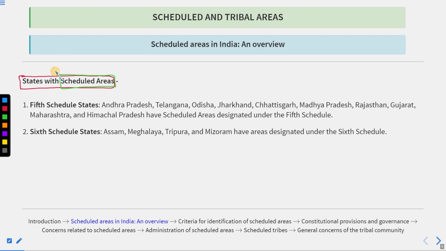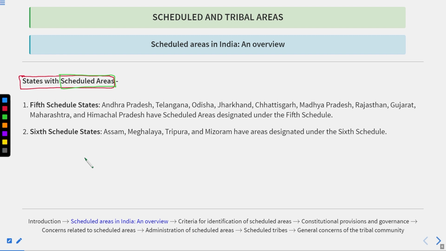And the sixth schedule contains the states having the areas designated as scheduled under the sixth schedule. So what are the names of these states? That is what we are going to see.